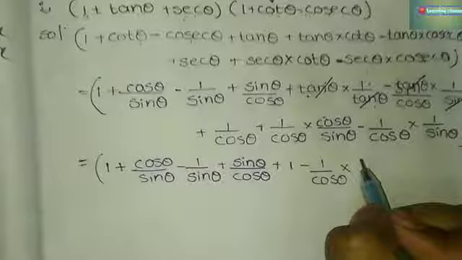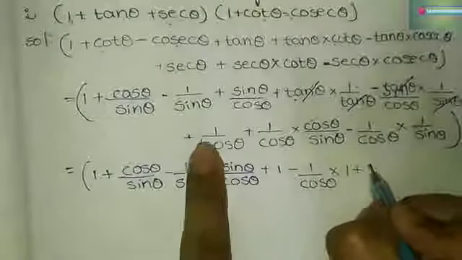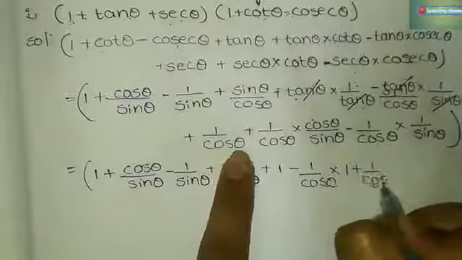For this I am taking the LCM. Sin theta cos theta. So here it will become cos square theta plus sin square theta minus 1 by cos theta sin theta. We know that from the trigonometric identity, cos square theta plus sin square theta or sin square theta plus cos square theta is equal to 1.